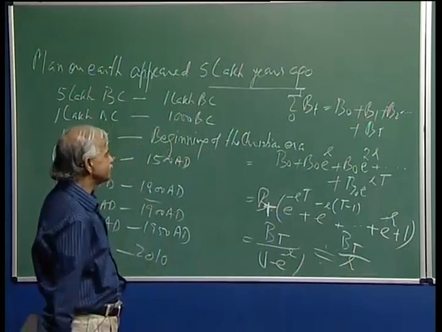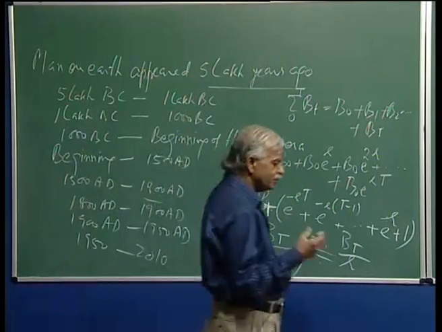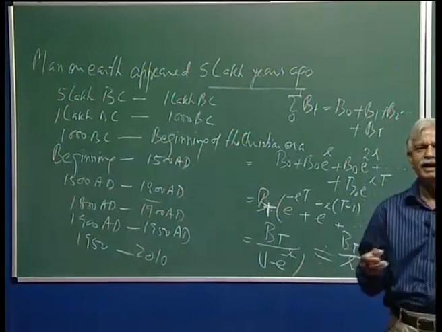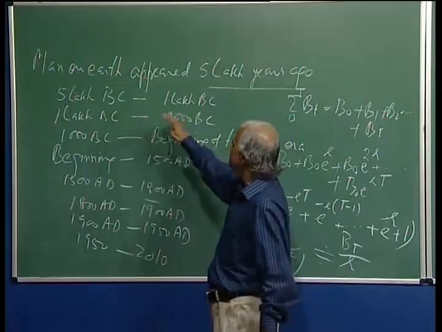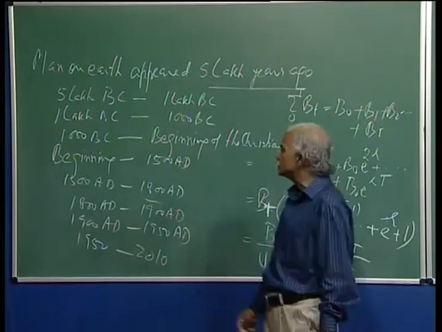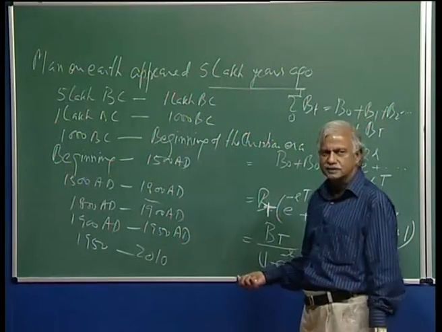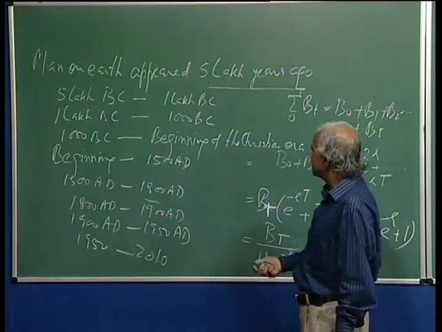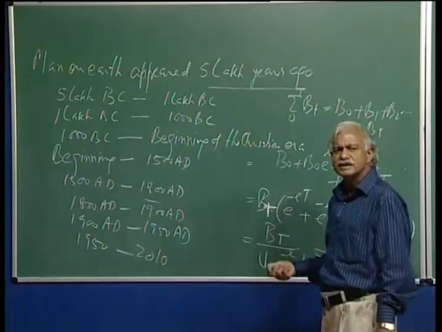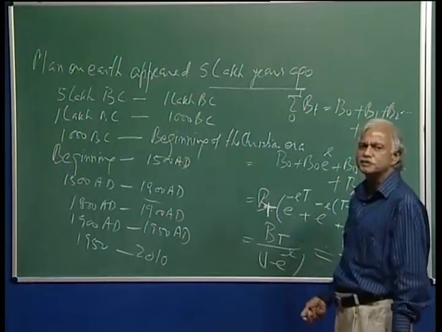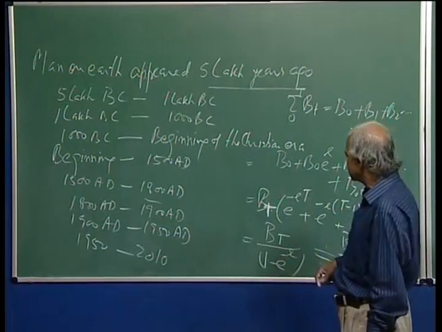How simple this is. See, we want to know how many people are born in a particular time period, say 5 lakh BC to 1 lakh BC. We know that number of births were constant, but if the number of births is changing, even then there is not much of a problem. Number of births may be changing, increasing or decreasing.